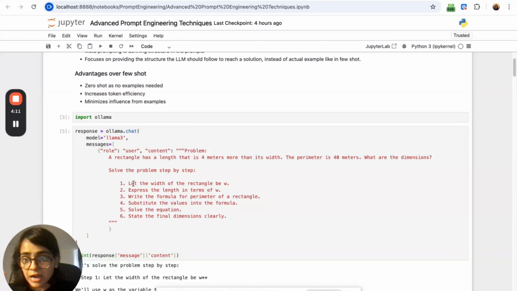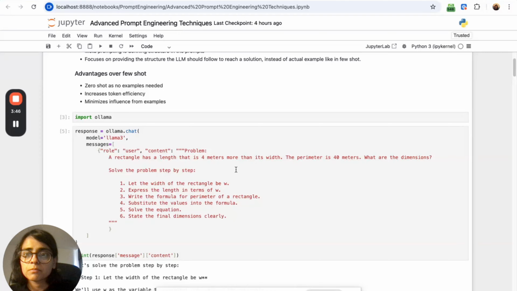So I'll just give the high level structure to it: write the formula for the perimeter of the rectangle, then substitute those values into the formula, and then solve the equation. Whereas in few shot, I was actually giving it step by step how it needs to solve that, right? So instead of doing that, I'm just giving the high level here. So that is meta prompting.